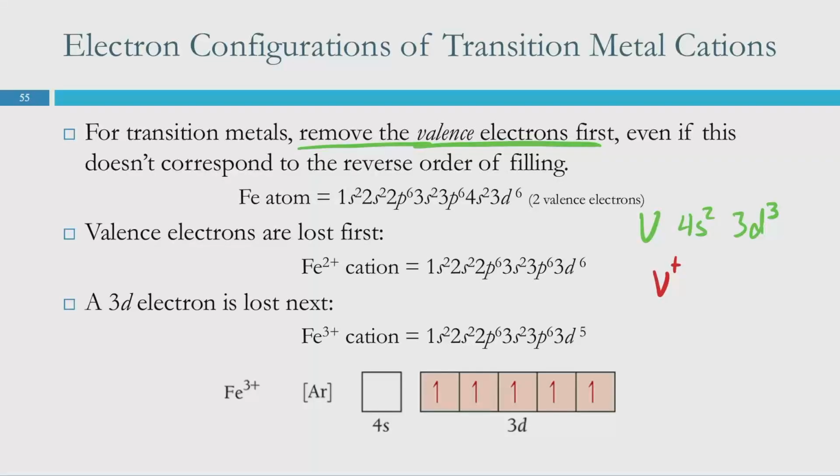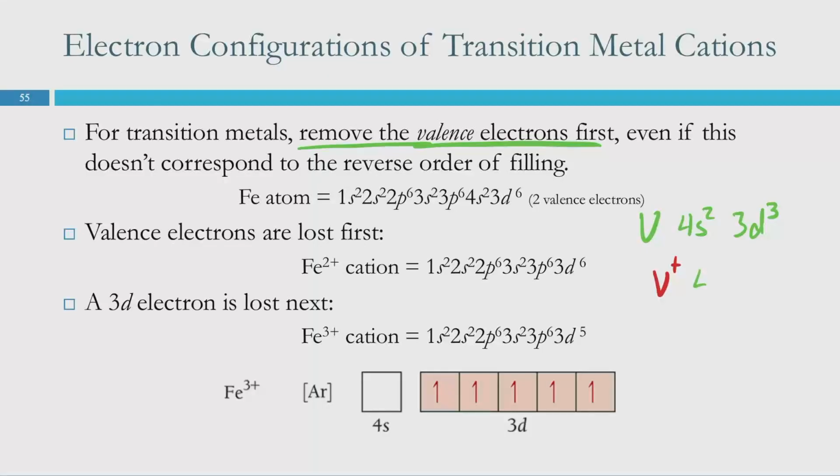If we have vanadium plus, if we take off one electron, even though we're filling core electrons here, even though this is the most recent thing that we filled, we still have to take off our valence electrons first because that's our outermost shell. That's where the electrons are going to be easiest to pull away.